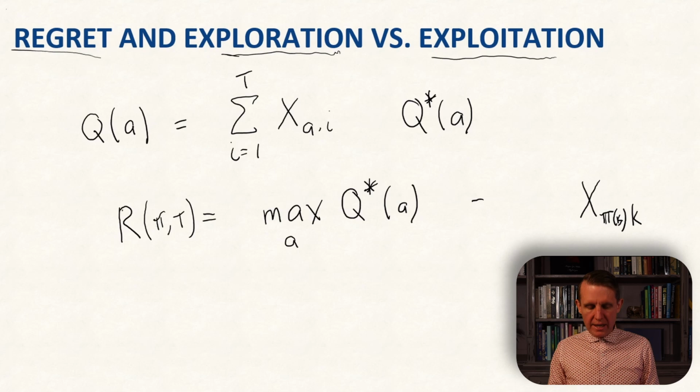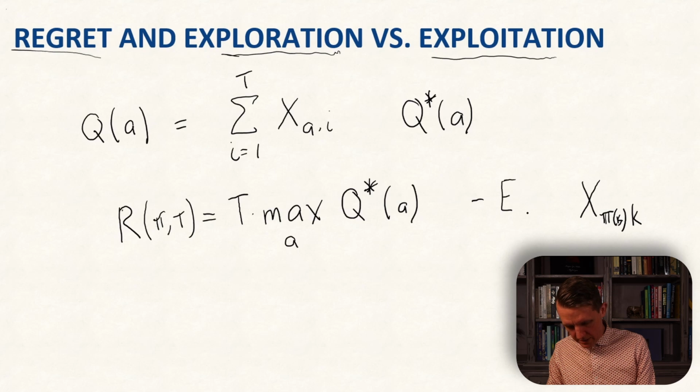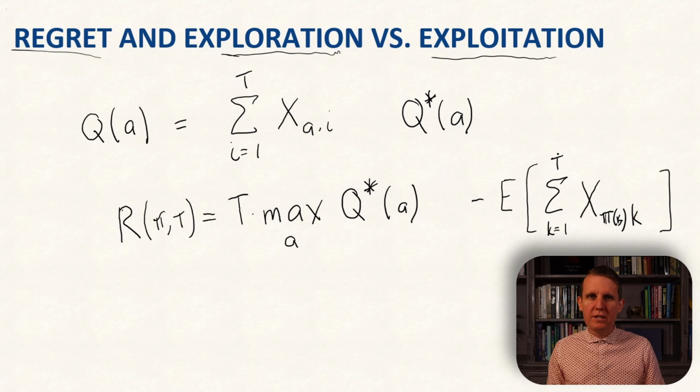We can do this by simply taking the maximum reward we could get over that time, which is T, and subtracting the expected reward we would receive for using our policy over that time. We're going to use our familiar expectation reward here, summing up each round K starting from 1 up to round T. So this gives us the regret of using policy pi up to time step T.